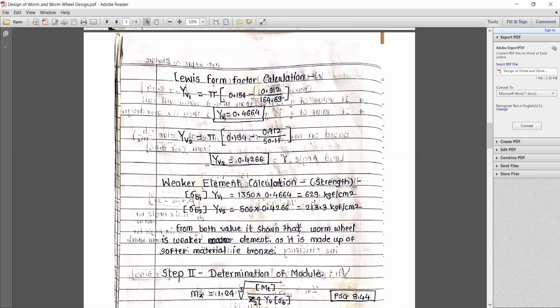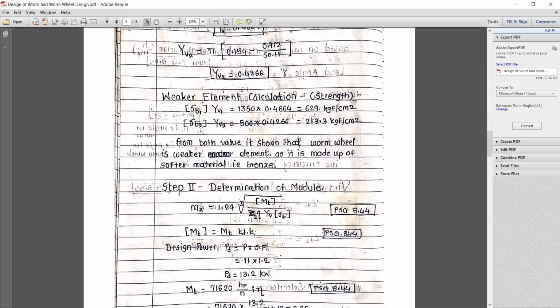The equation based on the 20-degree full depth involute profile system is YV equal to pi into the square bracket 0.154 minus 0.912 divided by Z1 or Z2, depending upon whether the worm or worm wheel form is being considered. For the worm, we have found the Lewis form factor is 0.4664, and for the worm wheel it is 0.4266.